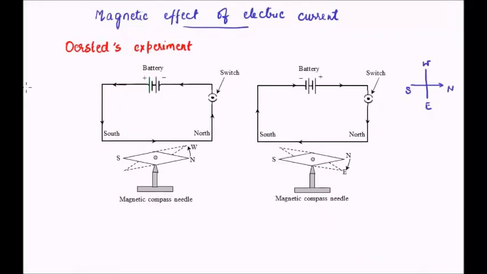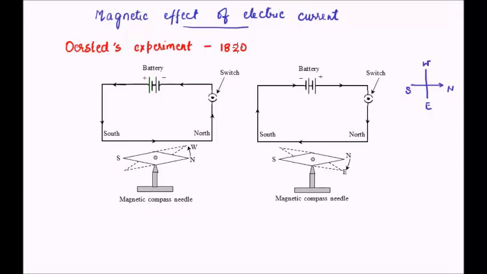Our discussion today will be focused on the magnetic effect of electric current, that is, how the electric current results in magnetic fields and magnetic effect. To begin, we will see what's known as the Oersted experiment. This was carried out by a scientist named Hans Oersted in 1820, and he was the first person to demonstrate experimentally that any current carrying element will produce a magnetic field of its own.